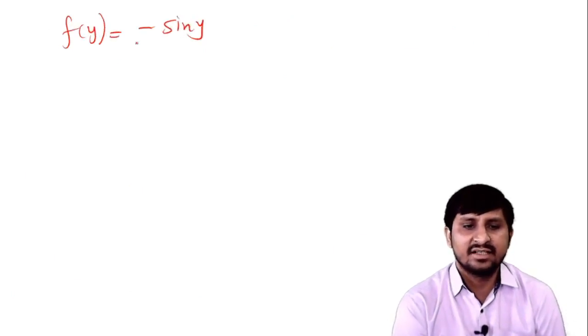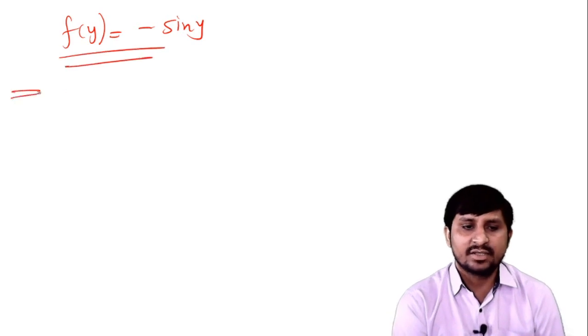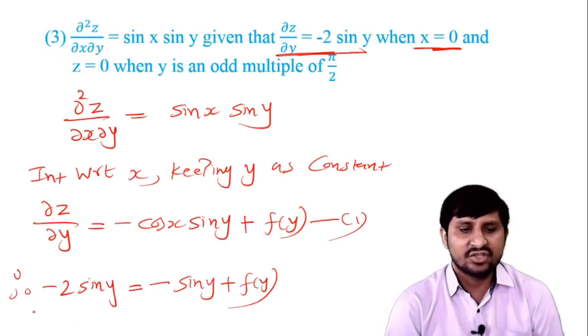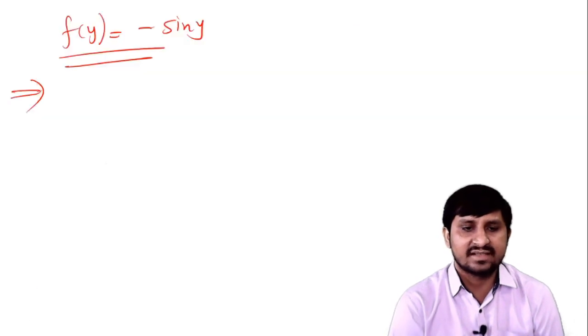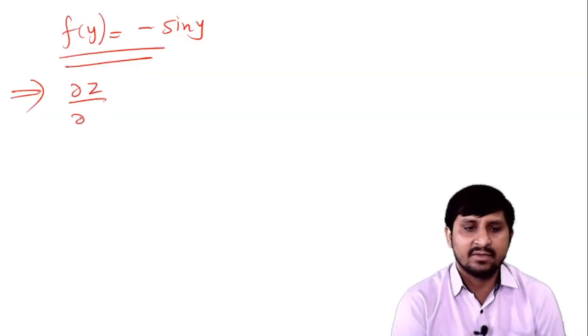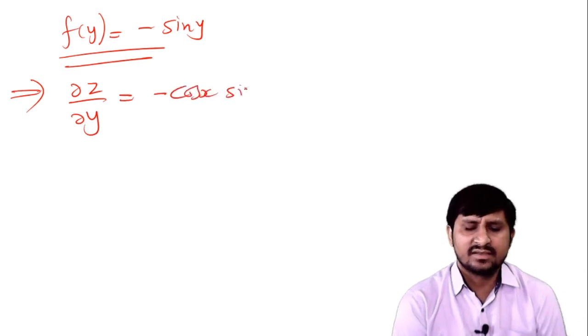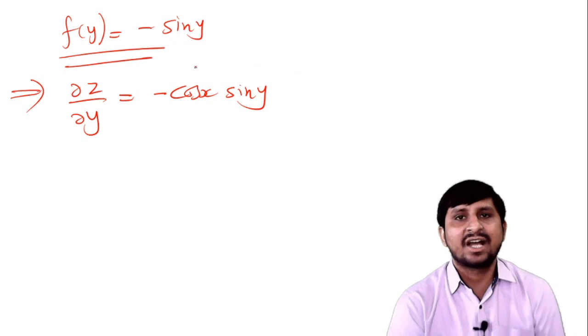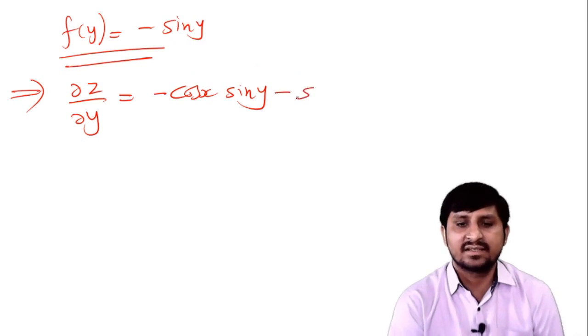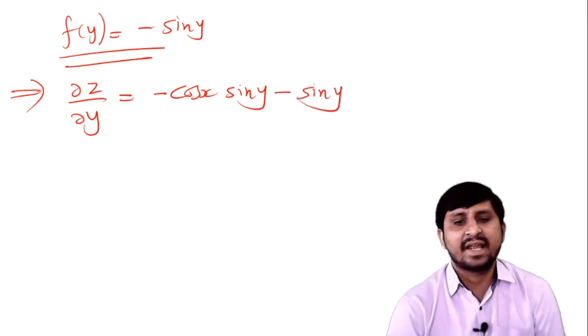Easily you can understand. Now put this value in equation number 1. What is my equation number 1? Del z by del y equals minus cos x sin y plus f(y). But now f(y) is minus sin y, so minus sin y.